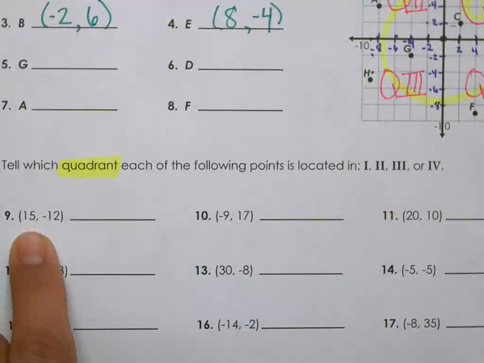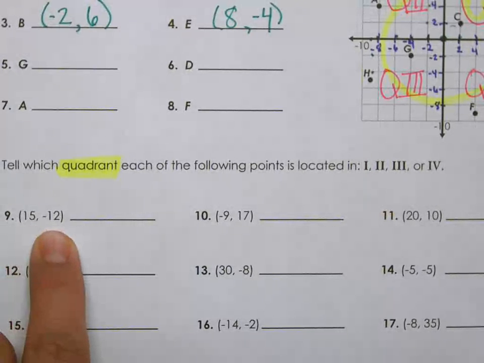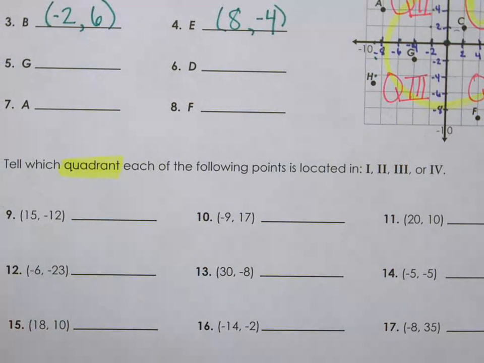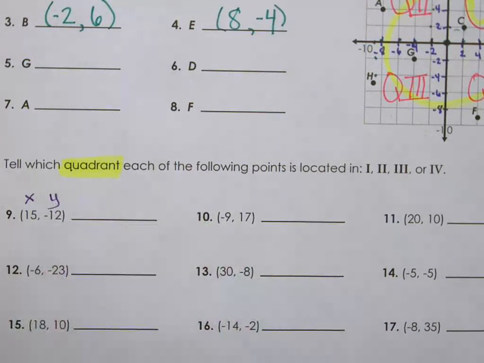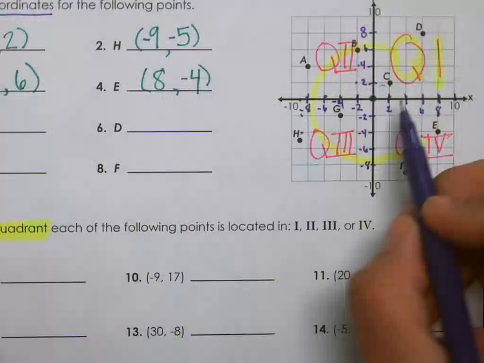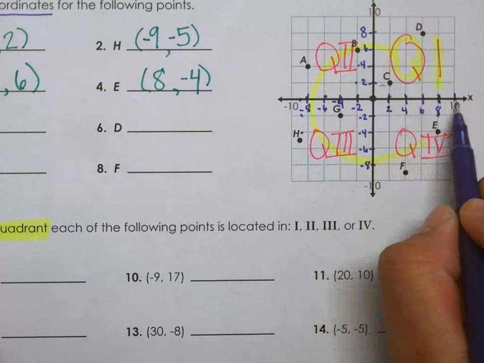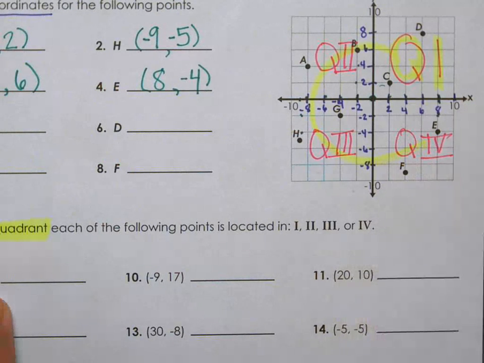So we're going to look at these coordinates here, +15, -12, and we're going to see where that would end up, okay? So if we're looking at a +15, remember we have x and then y. We use our x-axis, then our y-axis. So if we move +15 on our x and then move down -12 on our y, our number would be somewhere down here, okay?